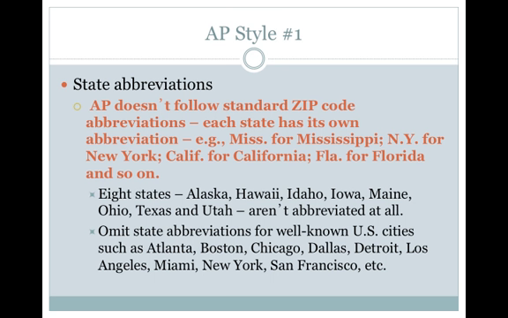You probably don't want to bother memorizing all of the states, but rather what you want to do is know that when you're using a state other than Mississippi, you should look up how to abbreviate it properly.